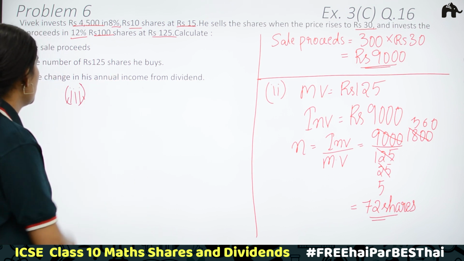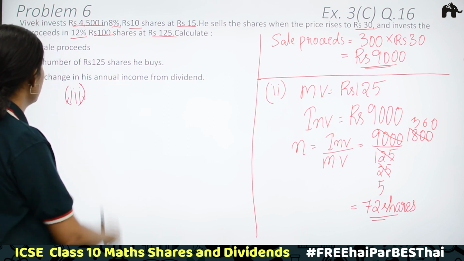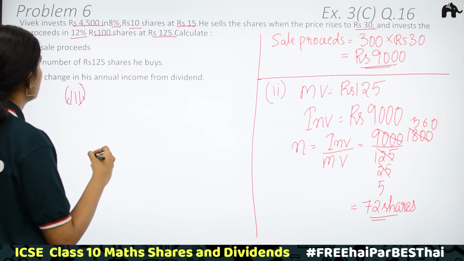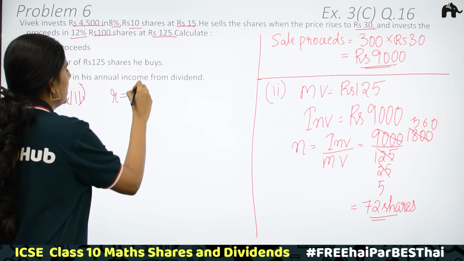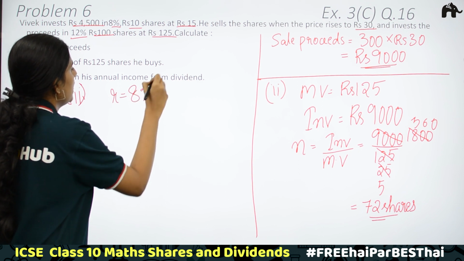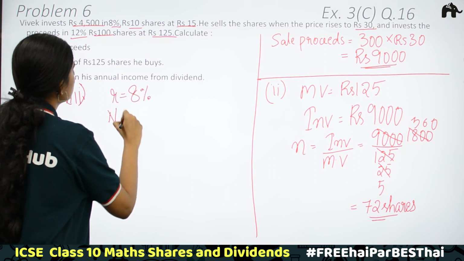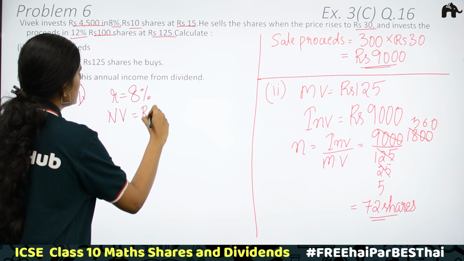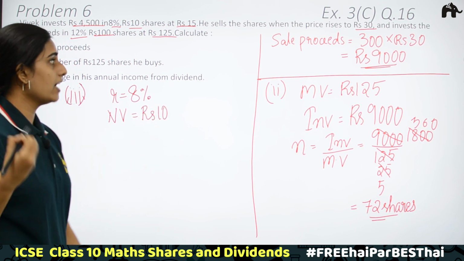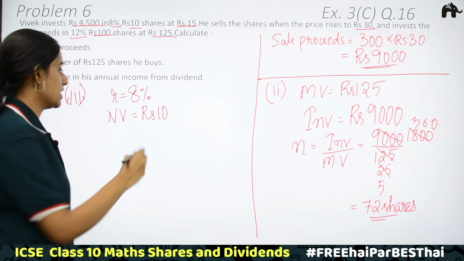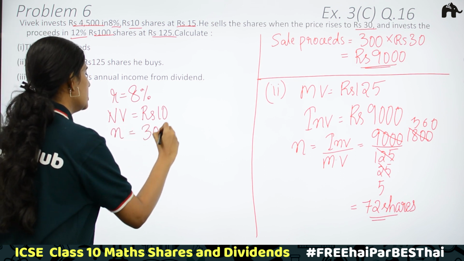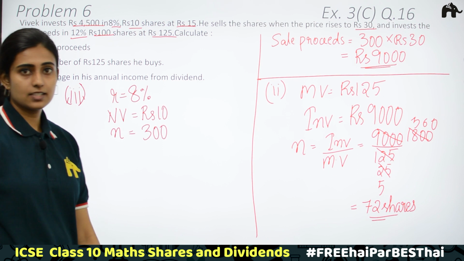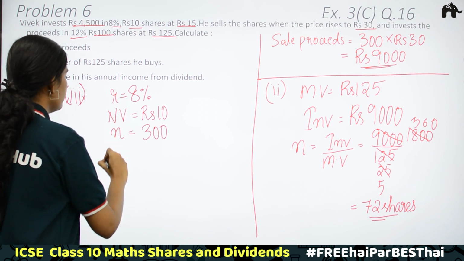For the first part, let's calculate the dividend. Initially, the rate of dividend R is 8%. We have the nominal value, that is rupees 10. And in the first part we had determined the number of shares. Number of shares is equal to 300 shares. Then what is the dividend?